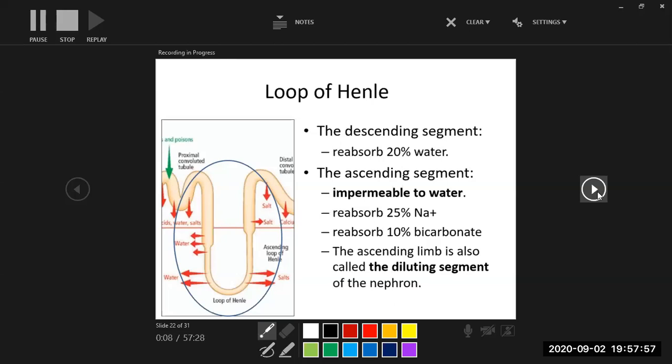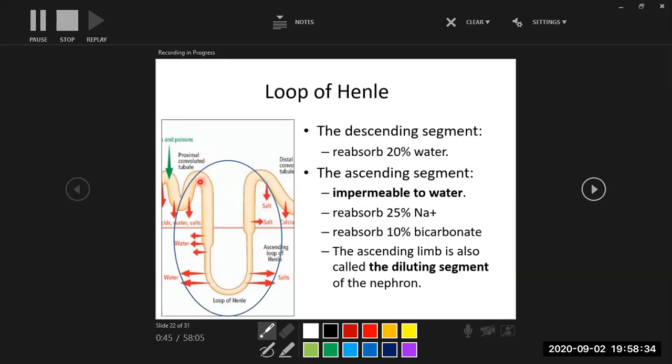Some would say four, 1, 2, 3, 4, but here we just say the major one. It is a descending limb and an ascending limb. Some textbooks separate it into thick, thin, thin, thick, but here the main difference is the descending portion and the ascending. Descending is leaving, ascending is coming back.